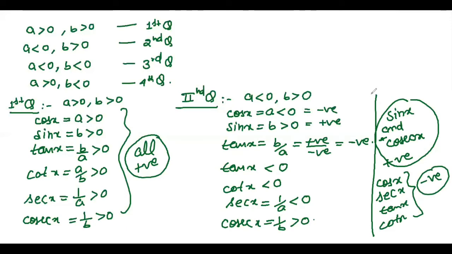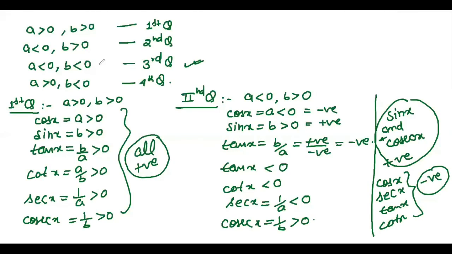Now we'll proceed to third quadrant. Third quadrant, a is less than 0, b is less than 0. Third quadrant means greater than pi and less than 3 pi by 2.